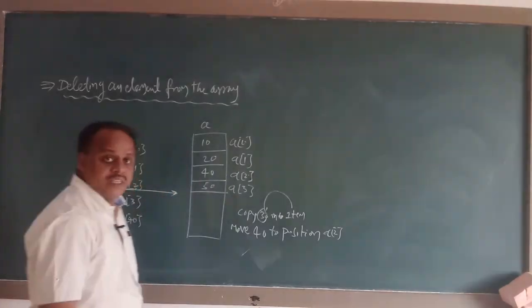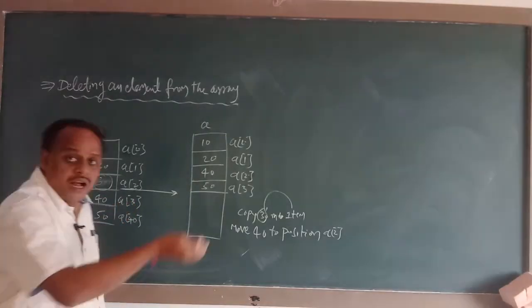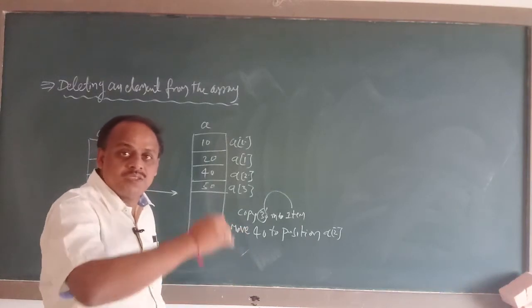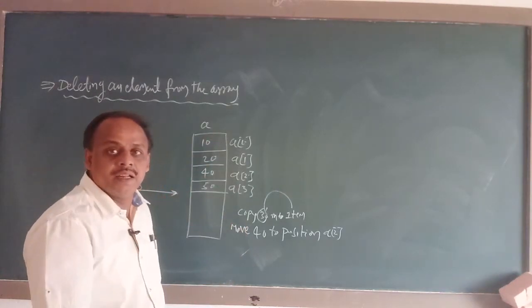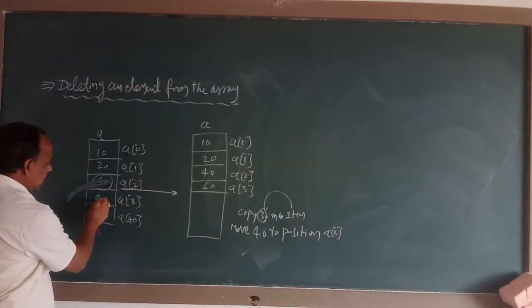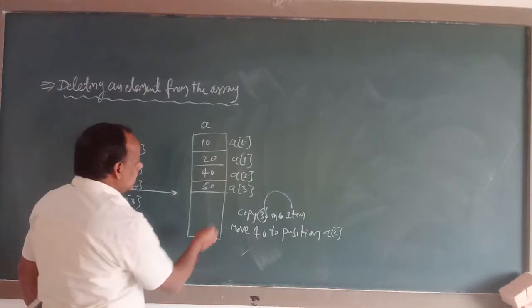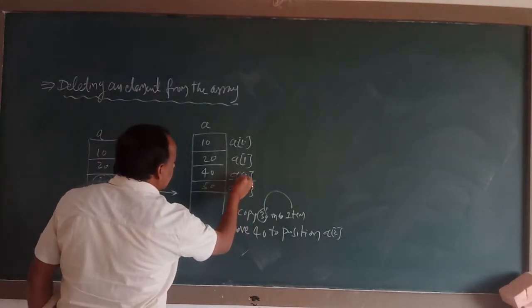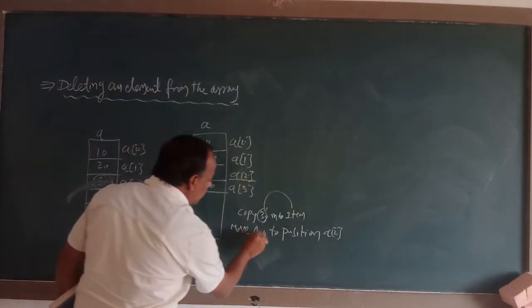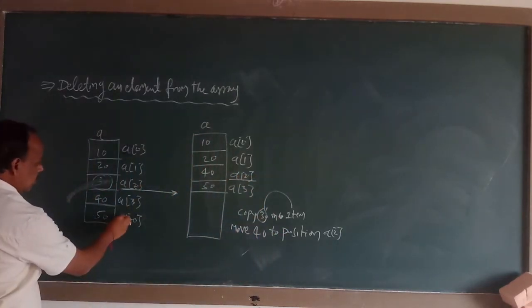Previously 40 was in A of 3. Here deletion is going on, so we have to decrement the element position. Now A of 2 is going to occupy 40, that is, move 40 to position A of 2. Next, move 50.